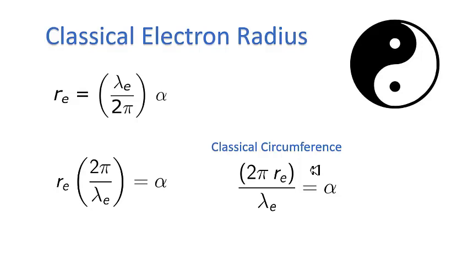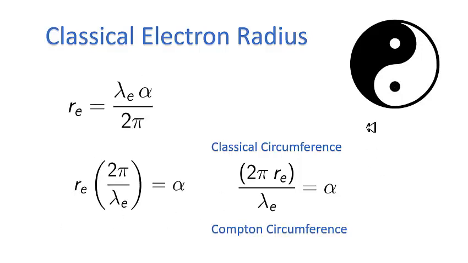And as you may recall from my previous videos, the Compton wavelength of the electron, at least the non-reduced Compton wavelength of the electron, evaluates to the circumference of my ohm particle model. And so technically here we have two circumferences.